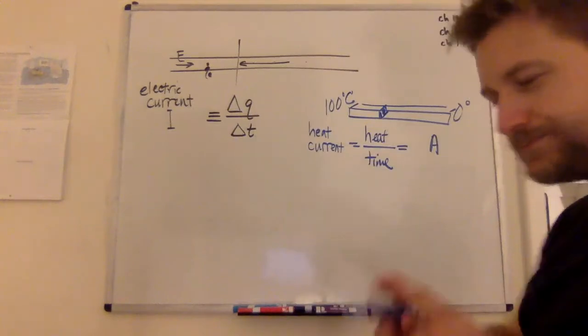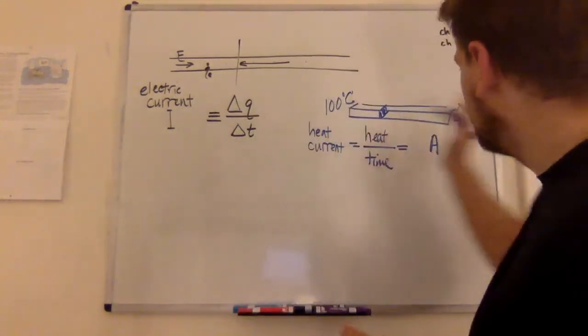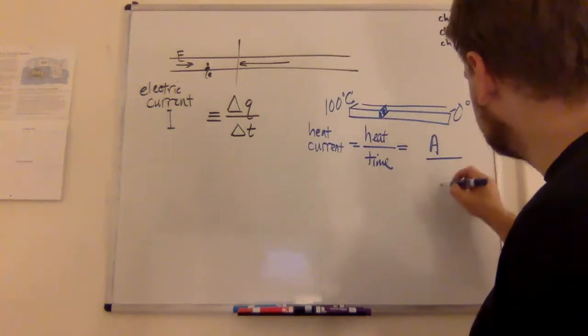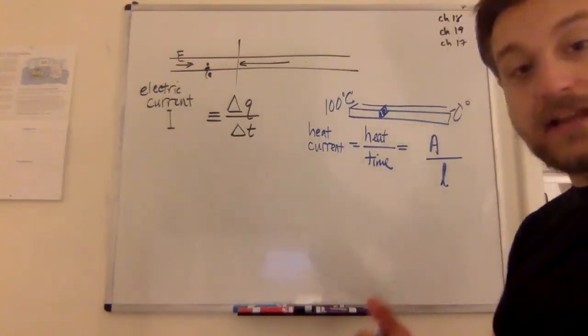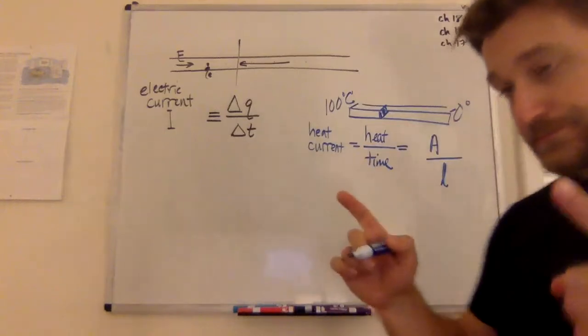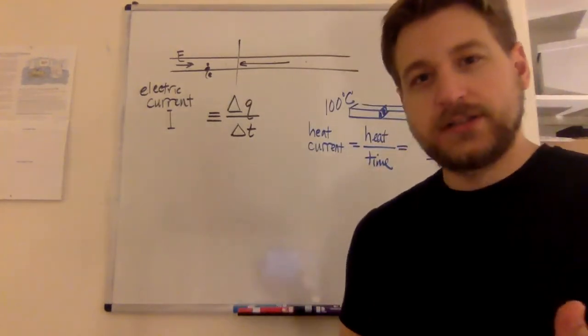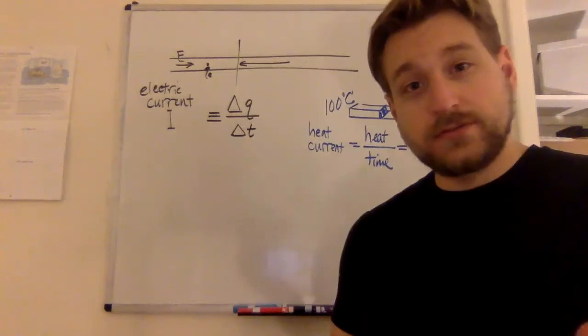We need to know how far we need to move the stuff from one end to the other. I'm going to call it L. We need to know the difference in temperature.